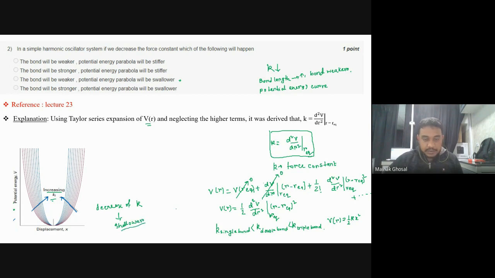Do you understand the difference between this stiff and shallow? Yes, sir. Okay, just for simple clarity: which one is steeper, this green one or red one?